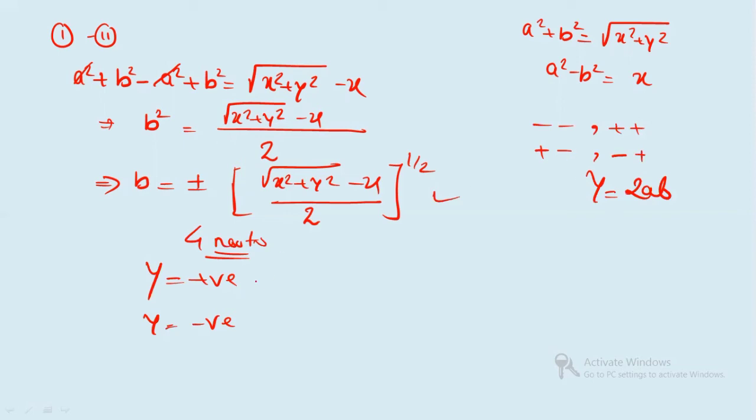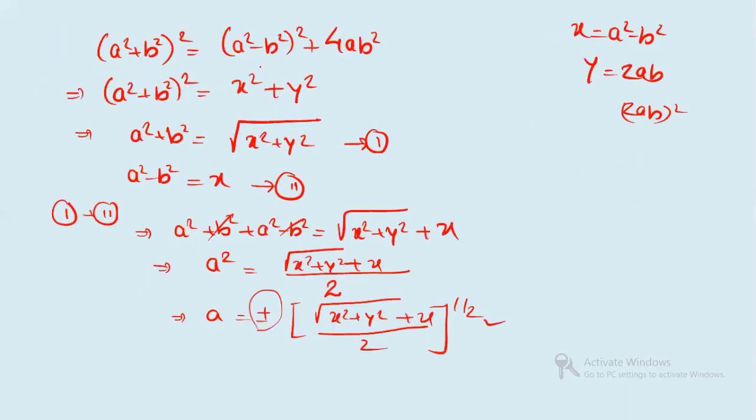So for y to be positive, you will have both negative or both positive. And when y is negative, you will have a positive, b negative, or a negative, b positive. So you will see whether the value of y is positive or negative, and you can take any 2 roots. Clear? Now we will do one problem so that it will become more clear.